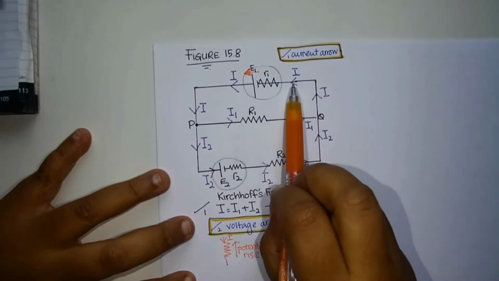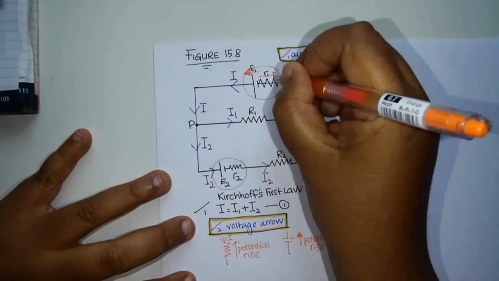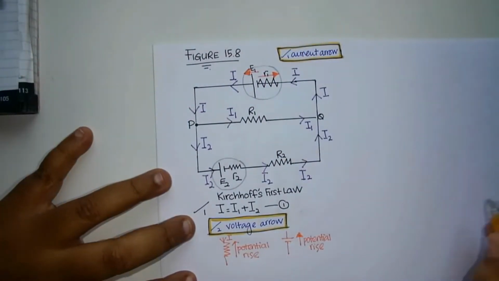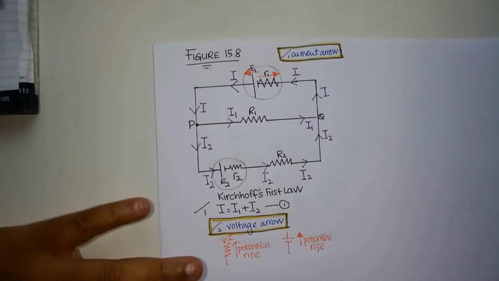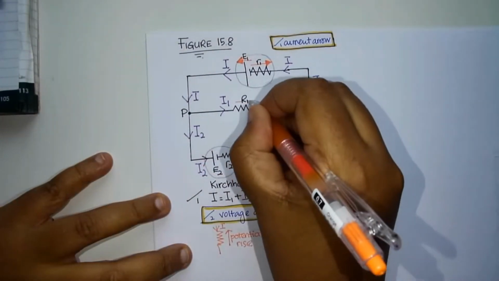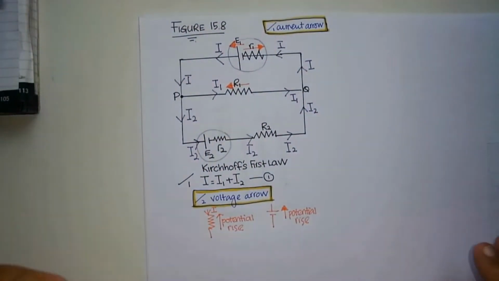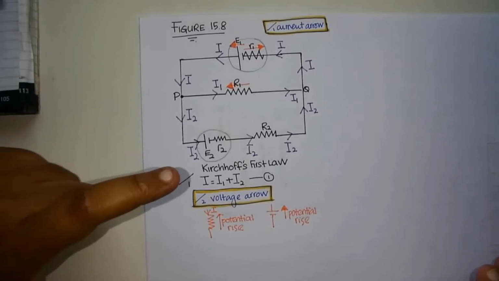Current is flowing here, so the direction of potential rise will be in this direction. You must draw the voltage arrow for all EMF and for all resistance in the circuit.